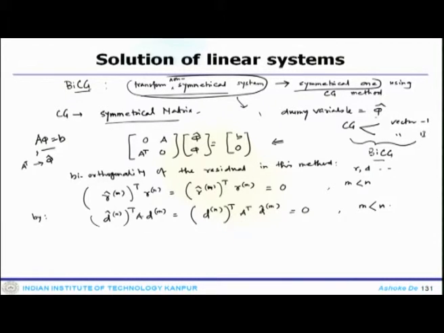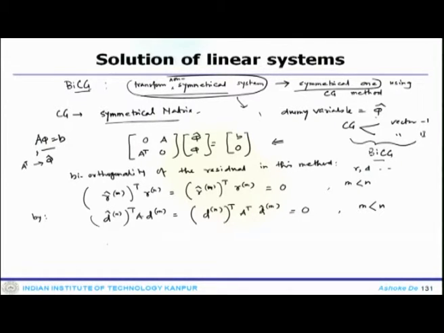Further, the sequences of the residuals and the search directions are constructed such that the ordinary form of one is orthogonal to the shadow form. The A hat form is the shadow form.